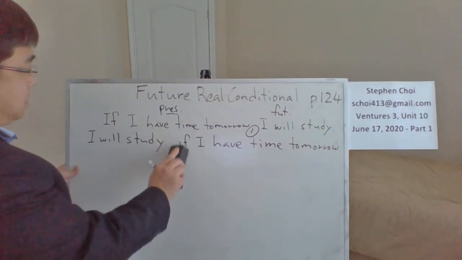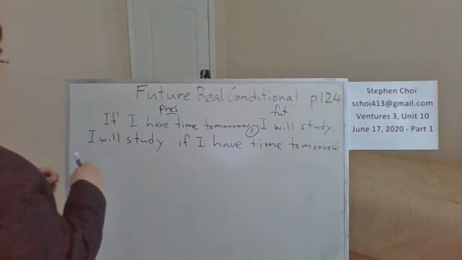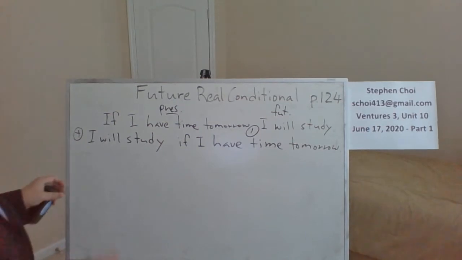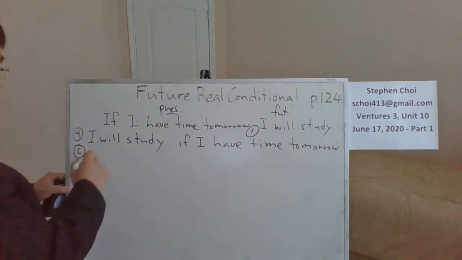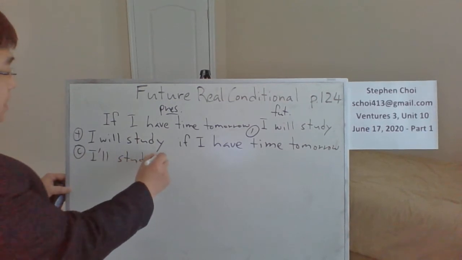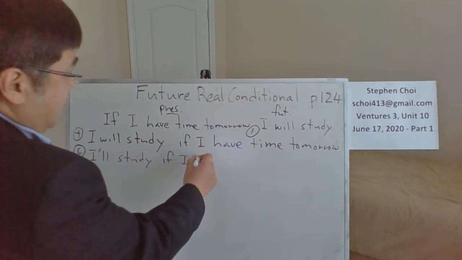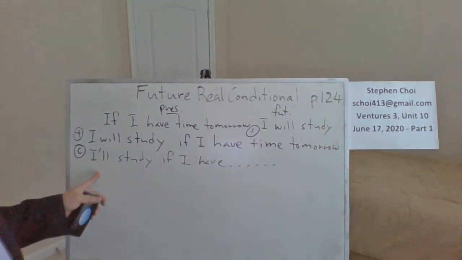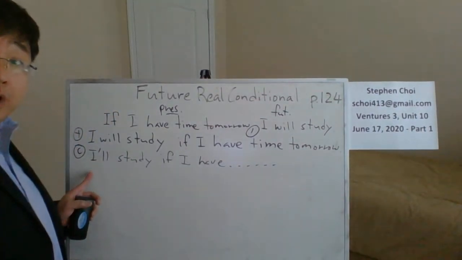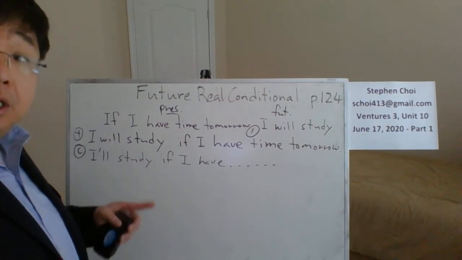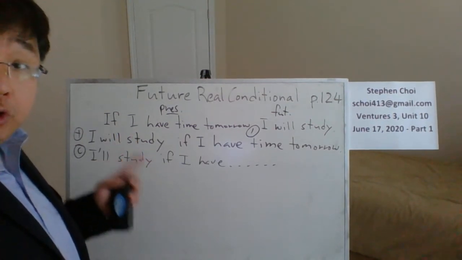That's an example, and this is a positive sentence. How do you contract the positive sentence? You say, I'll study if I have time tomorrow. We talked about contractions with I will, you will, he will, she will, it will, we will, you will, they will.